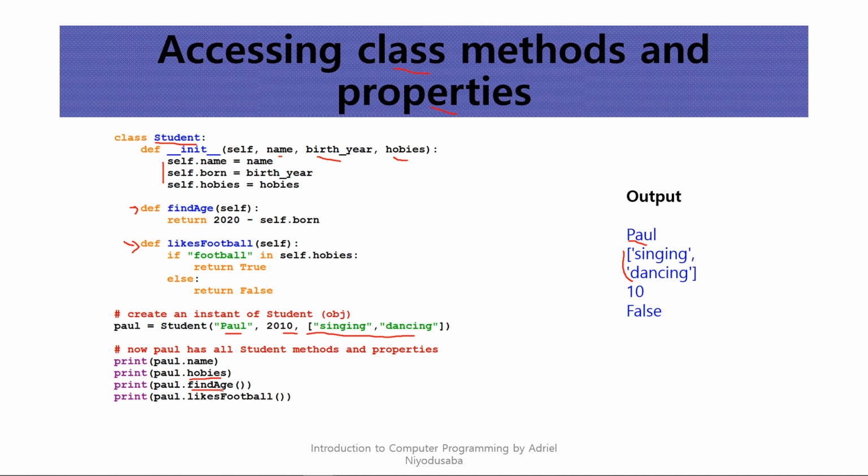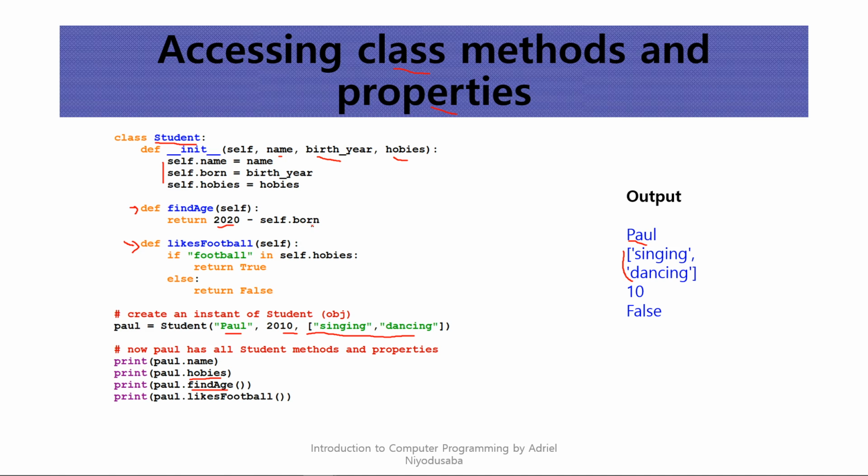Now Paul.findAge, because this is a function, a method, we need to invoke it by using double brackets, as you might be very familiar with at this point. By the way, findAge simply takes 2020 and subtracts self.born, and this is what I was talking about.